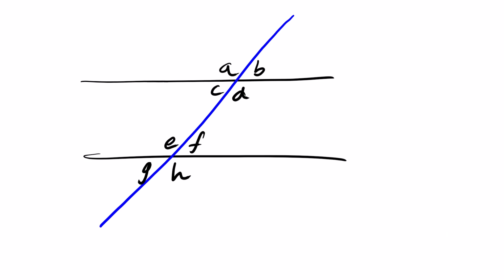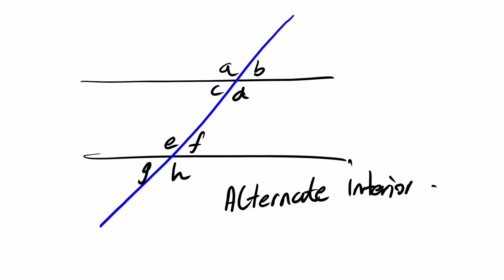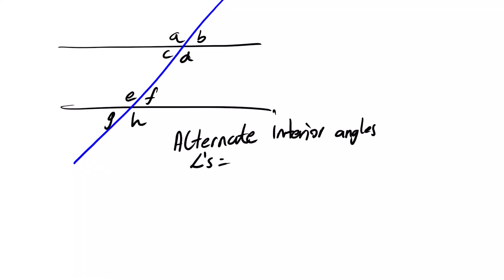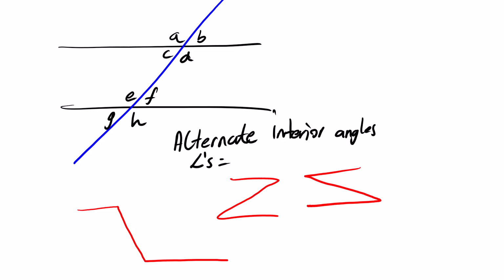The next part of this lesson is alternate interior angles. What happens to those angles? They are also equal. Whenever you think about alternate angles, think about letter Z. It might be like this or like this. Let me actually do this.